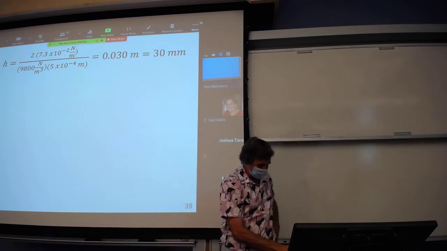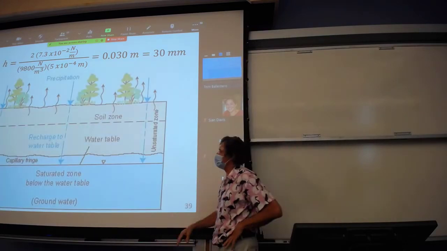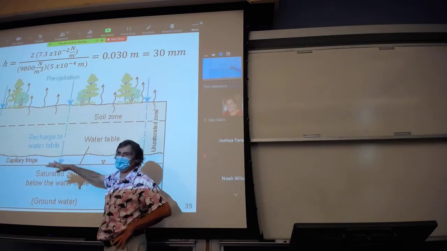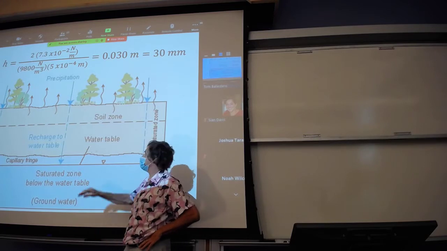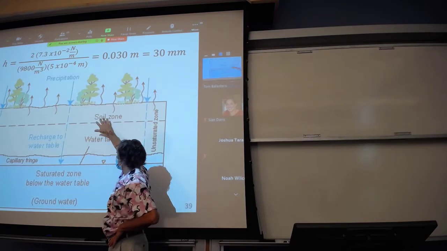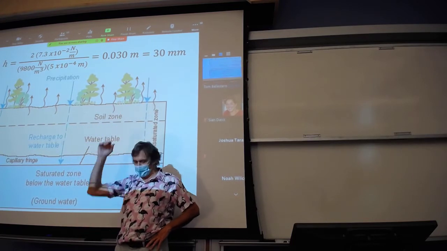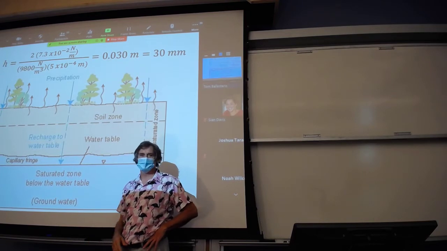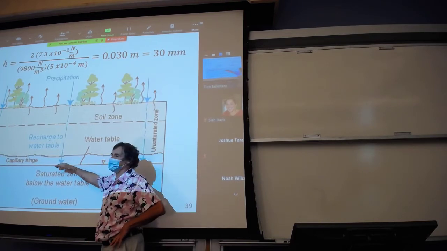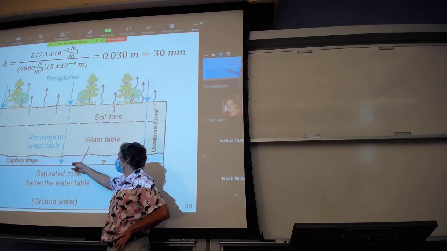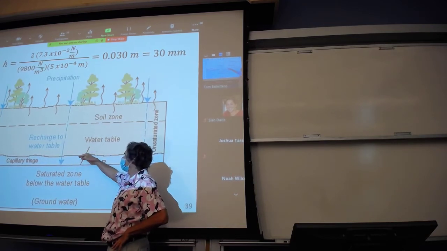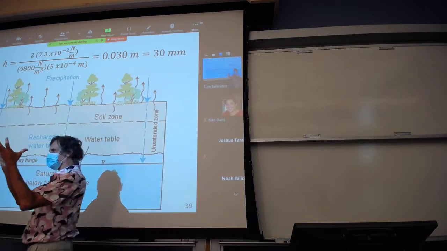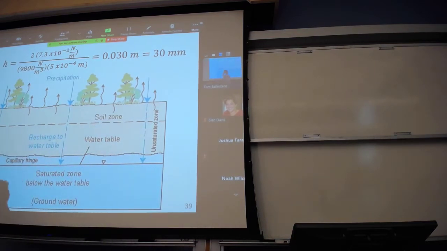So physically, what does that mean? Okay. So what happens in a soil system, somewhere down there is the groundwater table. And again, assume this is the same soil from the top all the way down to the center of the earth. And above it, you will have water moving up into the soil under the action of capillarity.